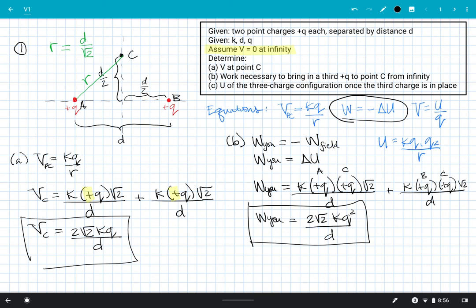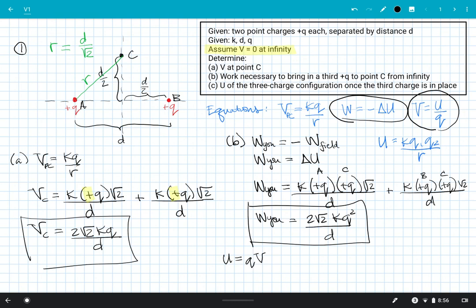Another approach to solving this one, I just want to show you a different way of doing that, would be using this equation right here, potential as U over Q, solving that for the electric potential energy. Electric potential energy then would be the product of charge and potential.